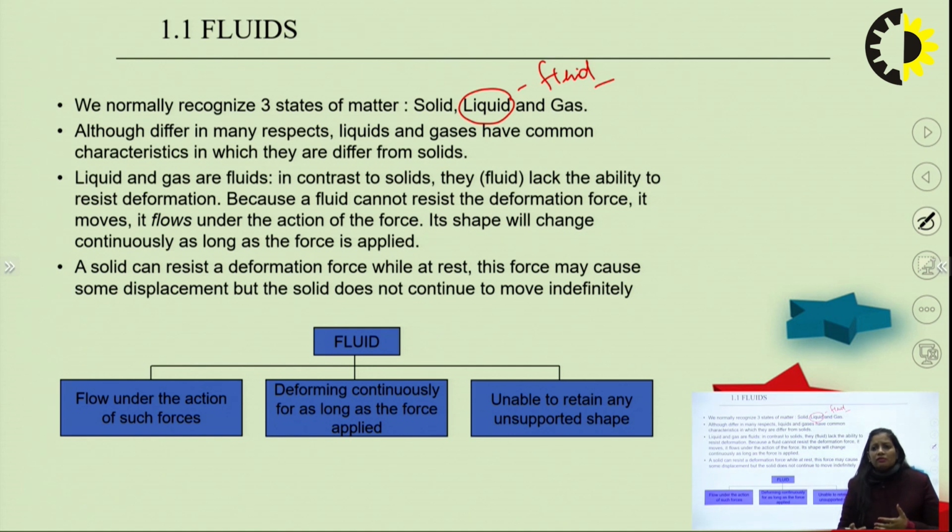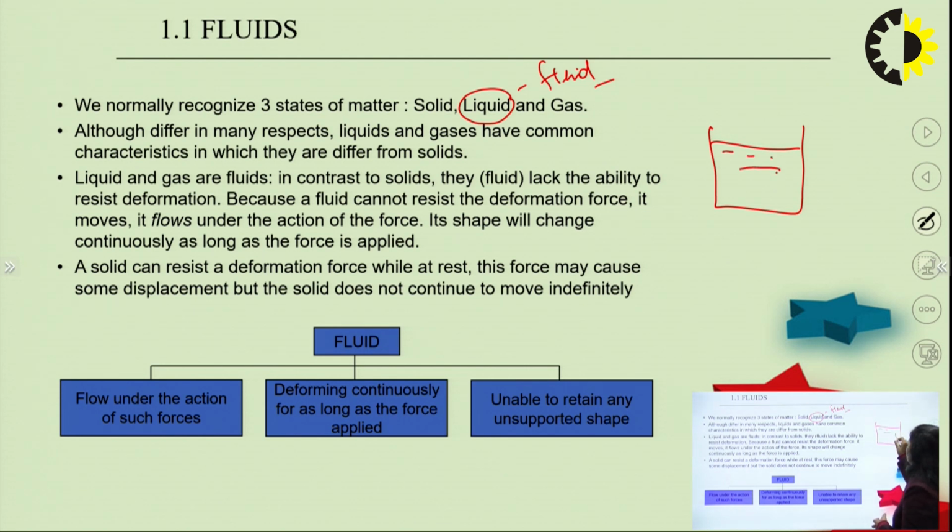But in the case of fluids or gases, when we apply shear stress, they deform continuously. When a particular fluid is placed in a static condition and I apply a shear stress or a kind of force, that particular fluid will be deformed. Maybe some amount of fluid spills over here.